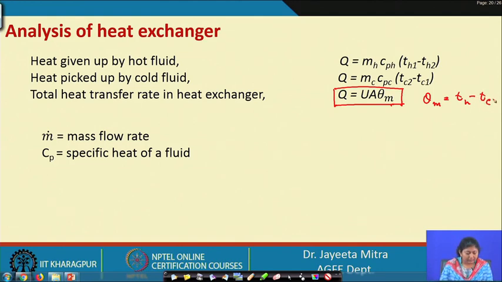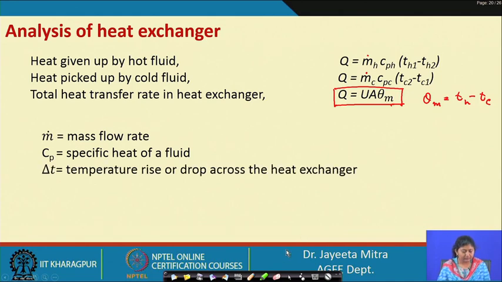Here mh dot indicates the mass flow rate of the hot fluid, and mc dot is the mass flow rate of the cold fluid. Cp is again the specific heat, as I mentioned, for the hot and cold fluid. Delta T is the temperature rise or drop across the heat exchanger.